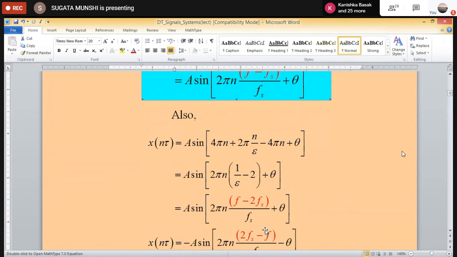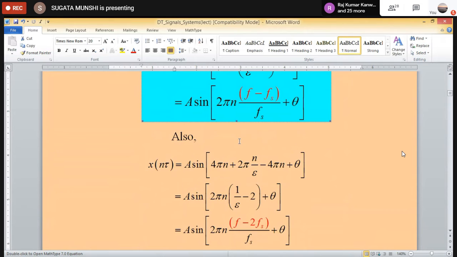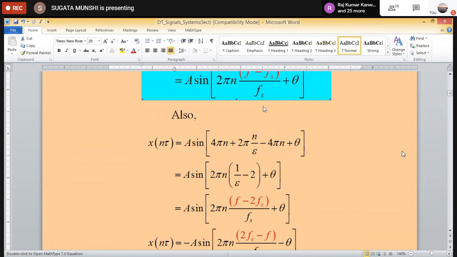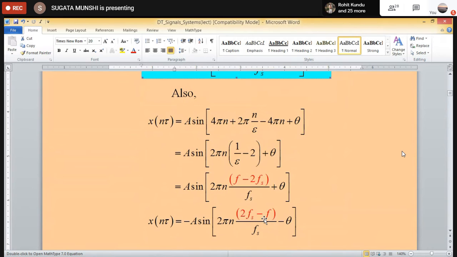Which will be the one that will be represented by x(nτ)? It will depend on which one is smaller of those two frequencies, F − Fs and 2Fs − F, and that frequency will be represented by the sampled data signal.